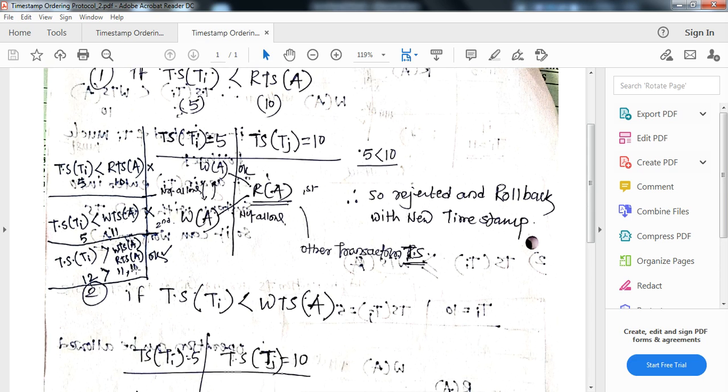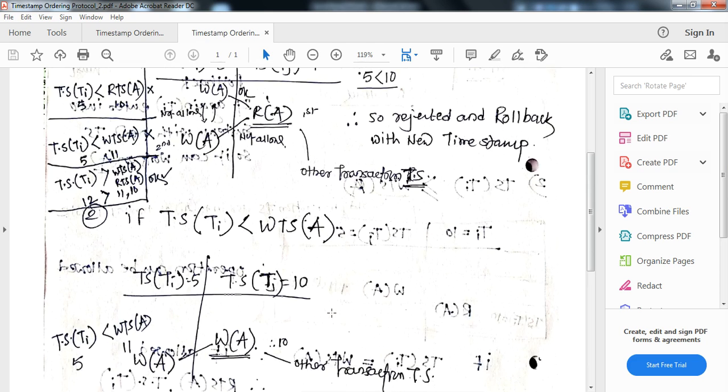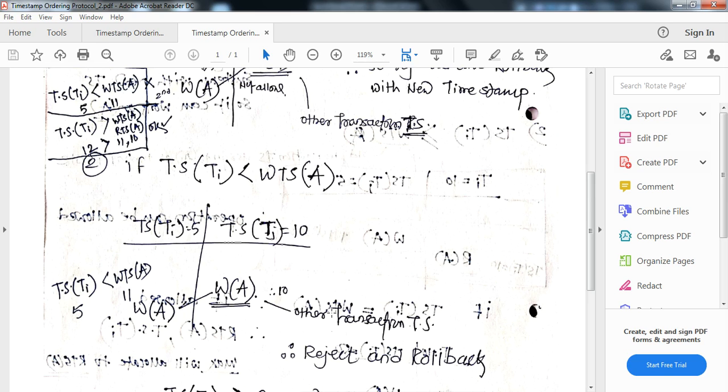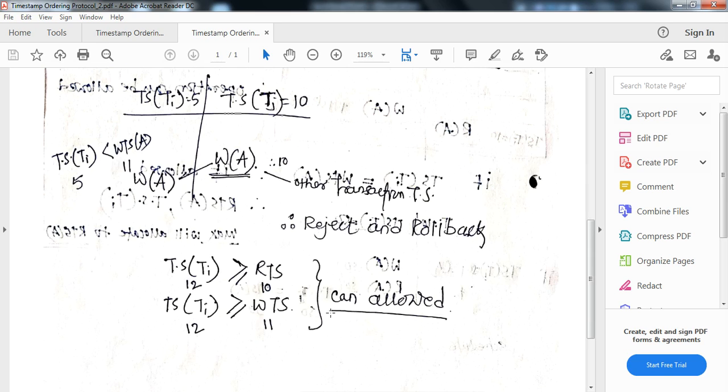Same thing, if the timestamp is less than the write timestamp of the data item, again it is rejected and the transaction is rolled back. If the transaction timestamp is greater than both the read and write timestamp of the data item, then the transaction is allowed to execute.